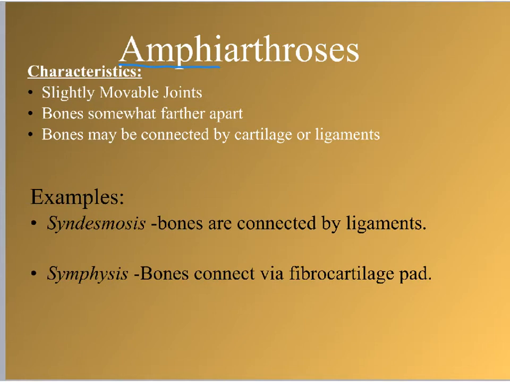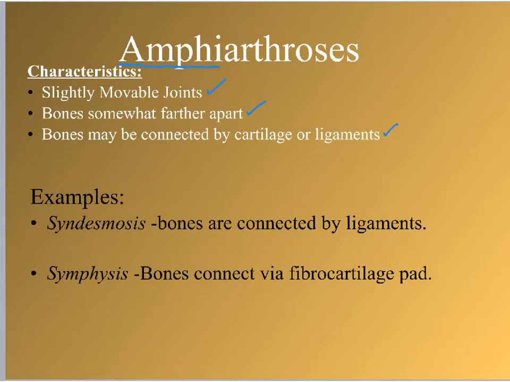So the way I think of an amphiarthrosis is that it's somewhere in between freely movable and an unmovable joint. So that's how amphiarthroses are classified. They're slightly movable, and their bones are a little bit further apart than you might see in a synarthrosis. And the bones are going to be connected by either cartilage or ligaments.